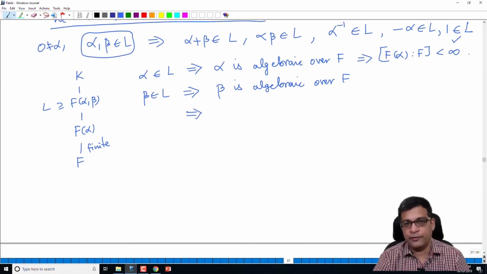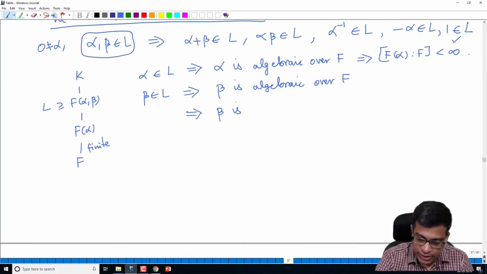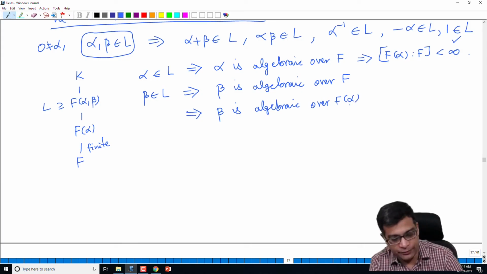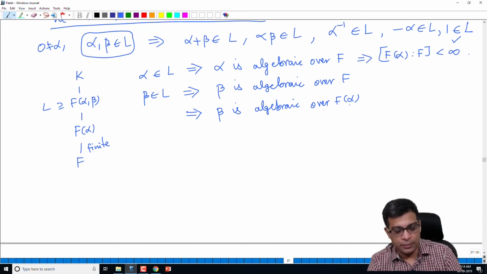Now I am going to make a very easy and nice observation: beta is actually algebraic over F alpha also. Beta is algebraic over the smaller field F, that means beta satisfies a polynomial with coefficients in F. That same polynomial is also a polynomial over F alpha.